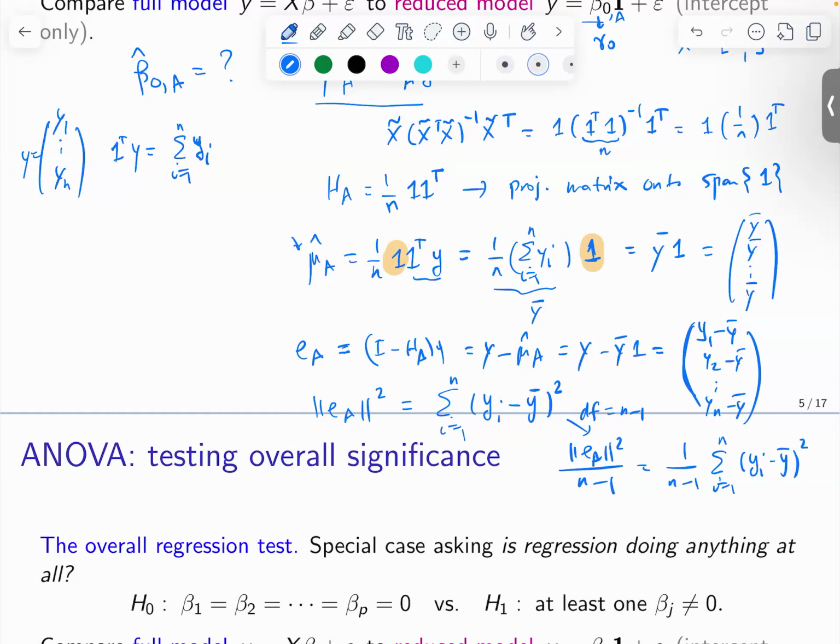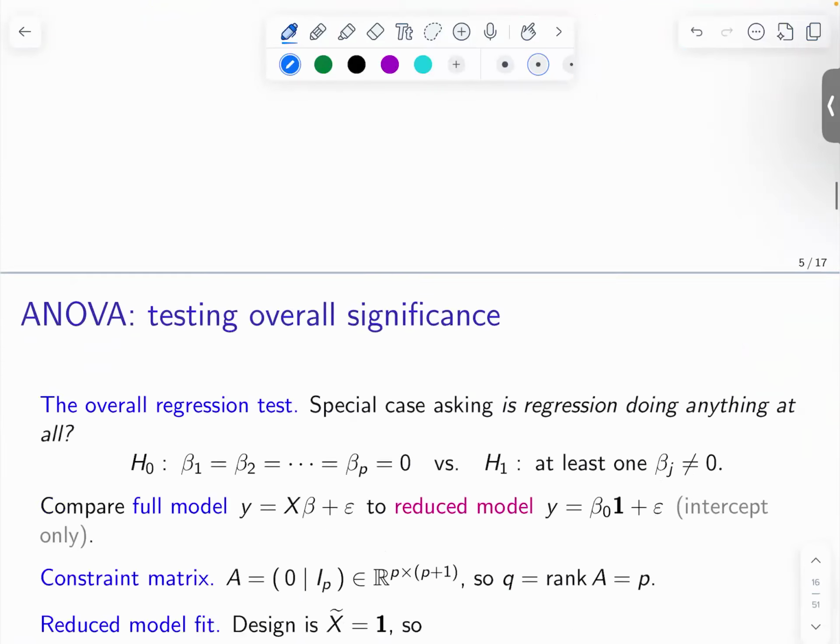You can relate it to the chi-squared with n minus 1 degrees of freedom. So the distribution will be sigma squared times chi-squared with n minus 1 degrees of freedom. Oh, sorry, yeah, this one, the top, not divided by n minus 1, but the divided version would be an unbiased estimator. Anyways, so this is what you get.